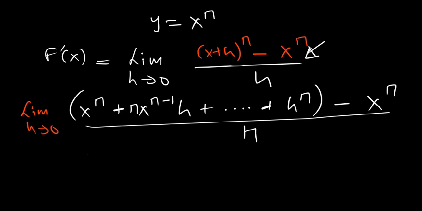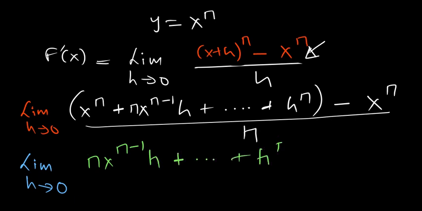So at this point we can now say the limit as h approaches 0. If you try to remove the brackets here, you will notice that this term and that term subtract, so what will stand out will be nx to the power n minus 1 multiplied by h, plus dot dot dot, plus h to the power n.